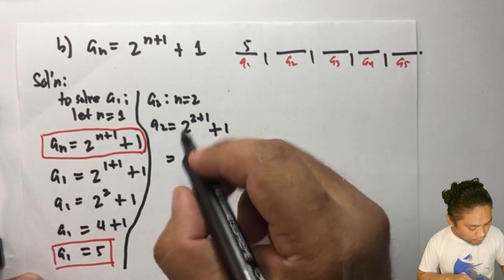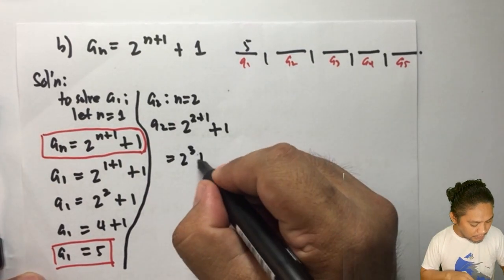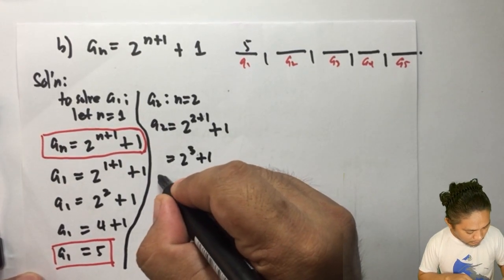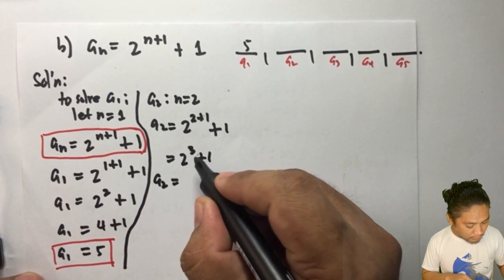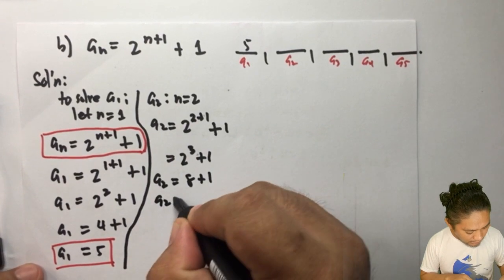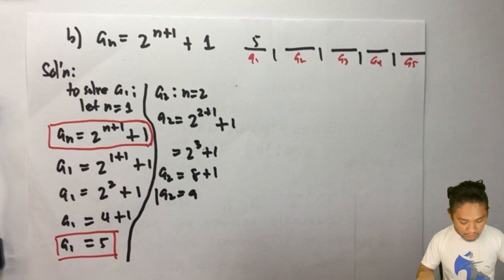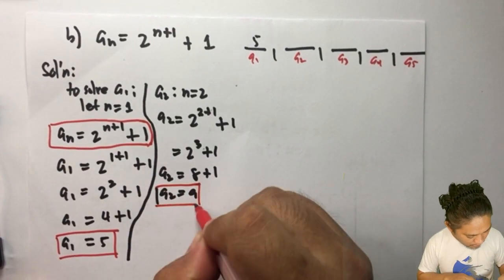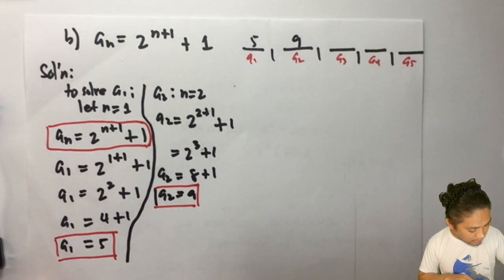And 2 plus 1 here becomes 3. So the 2 now is being raised to 3. So 2 times 2 times 2, 2 cubed, is equal to 8. Plus 1, our a sub 2 is equal to 9.